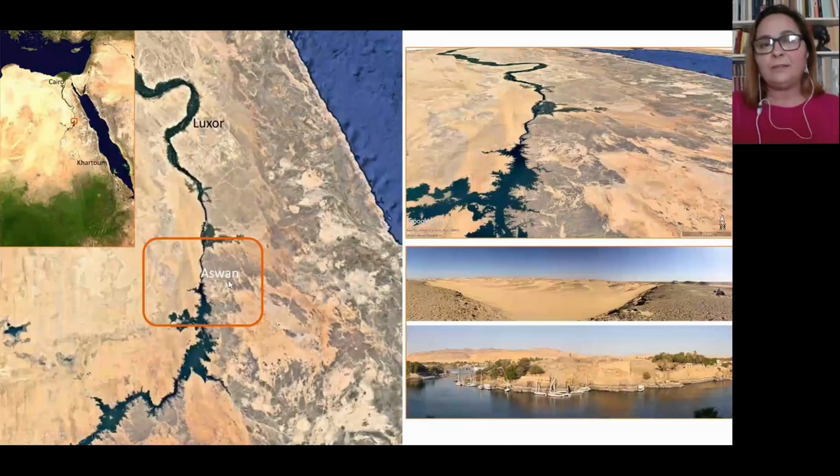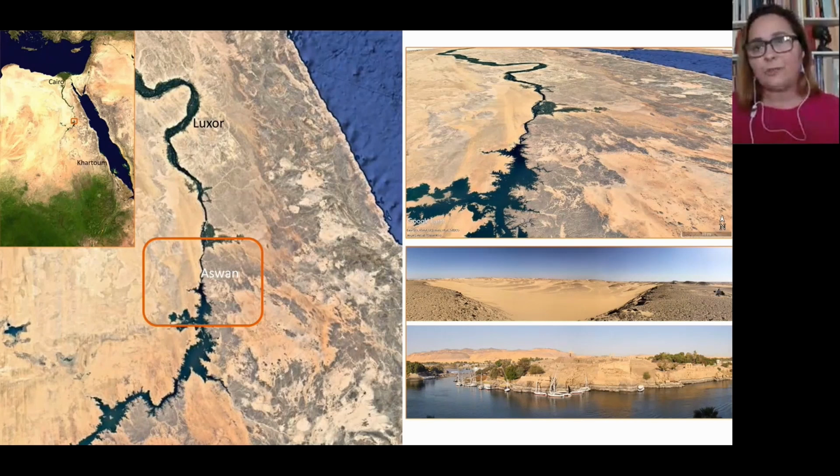I'm working in the Aswan region, a very famous crossroads along the Nile, centrally positioned, which connects different places, not only north-south, but also east-west, across the deserts.